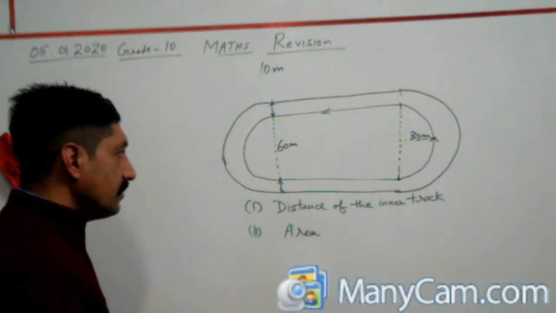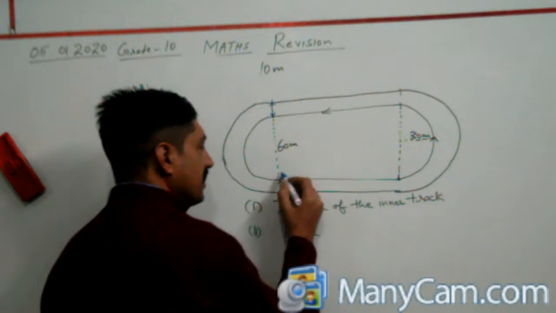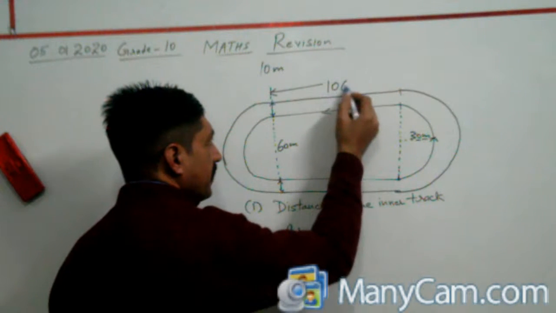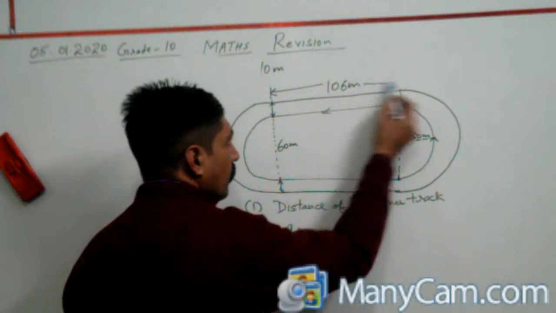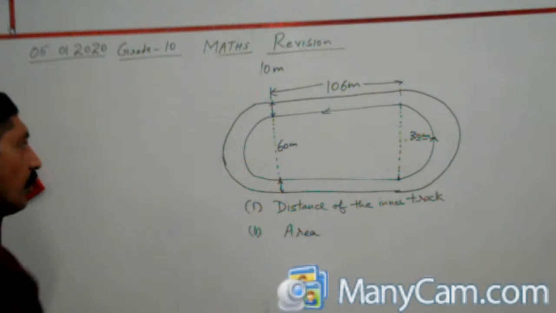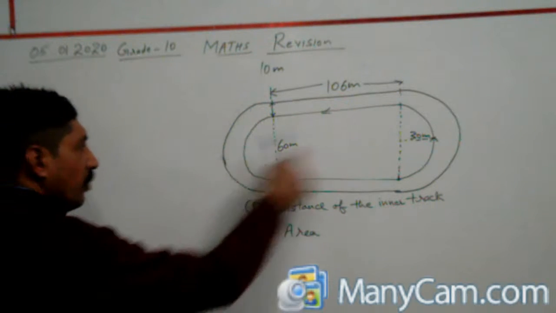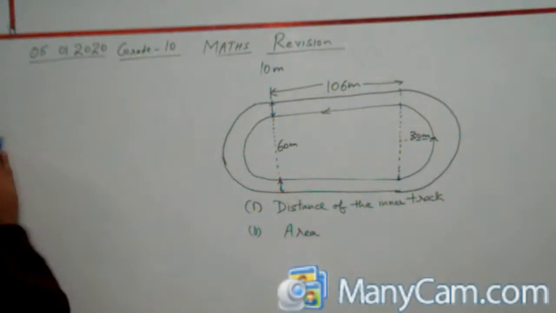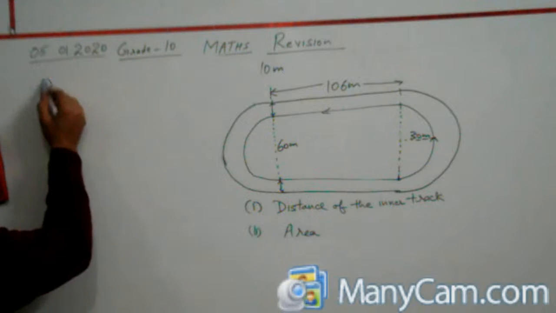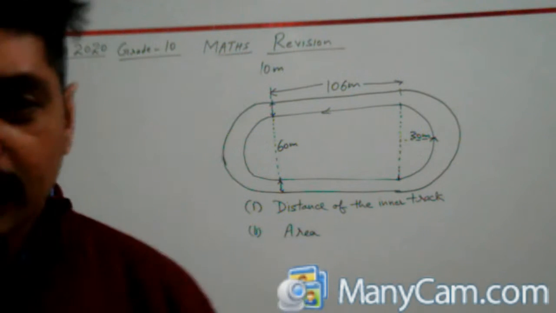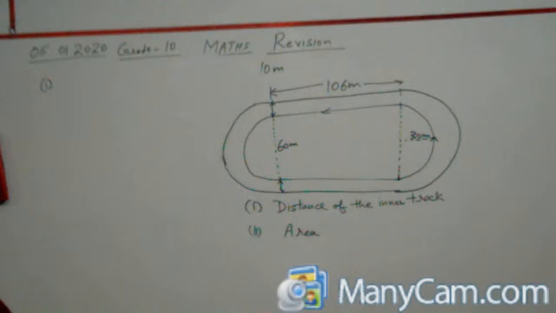This straight distance is given as 106 meters. One semicircle this side and one semicircle this side will make a circle. So you can go on solving.